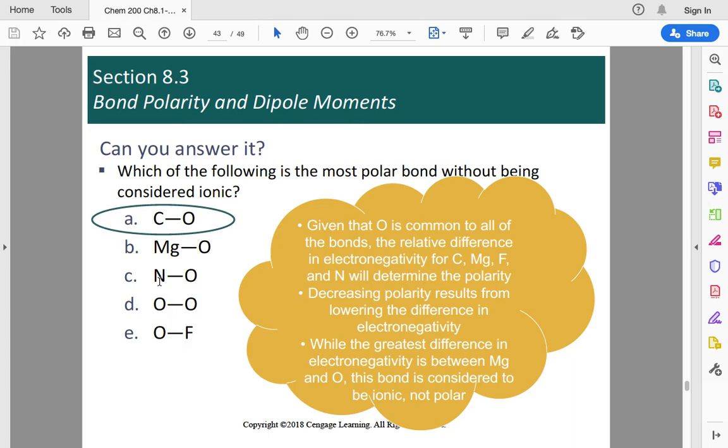We know that nitrogen and carbon are very, very close to each other. So the differences between the C and the O and the N and the O aren't very big. But the difference between O and F would be much more, would be much closer as well. So our best shot here would be the difference between the carbon and the oxygen.